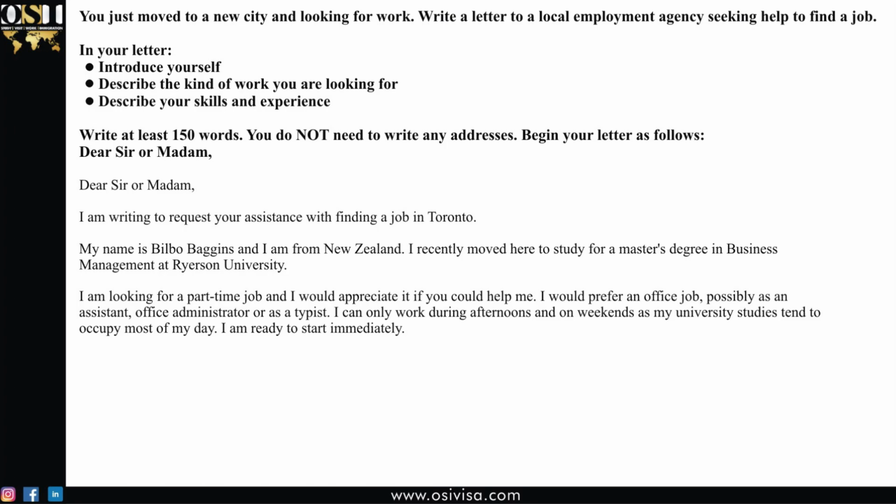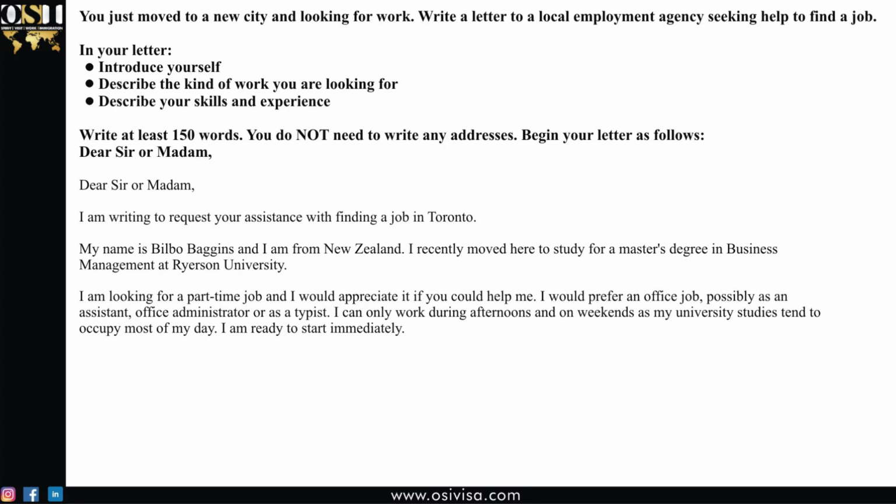So another formal phrase over here is I would appreciate. So instead of saying I want you to help me, it is better to say I would appreciate it if you could help me. Next thing it says, I would like an office job, possibly as an assistant, office administrator, or a typist. I can only work during afternoons and on weekends as my university studies tend to occupy most of my day.